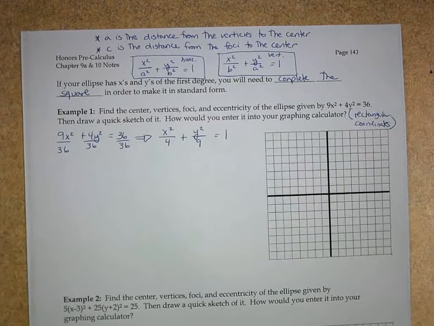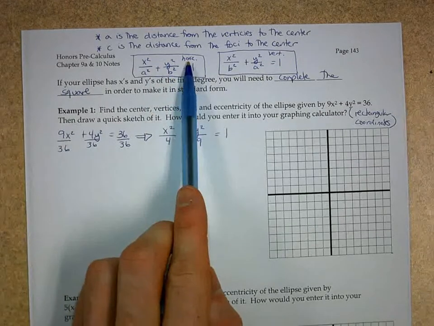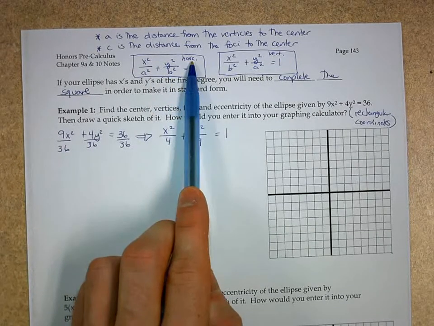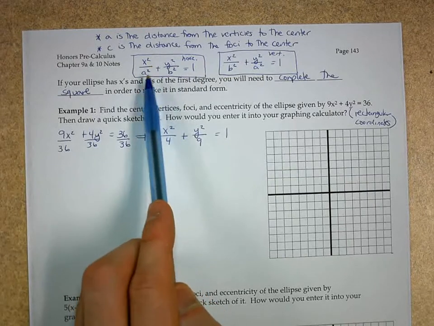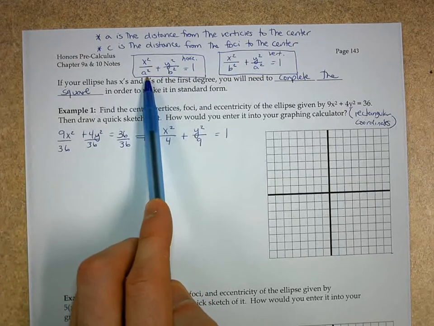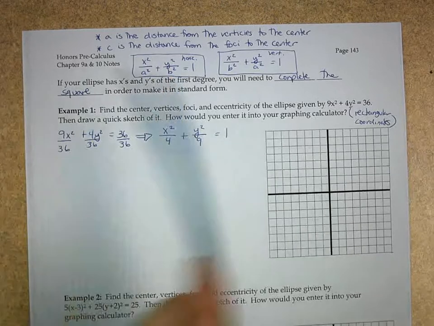Whenever you have an A, that's going to be referring to your major axis, or the longer piece. The B refers to the minor axis, or the shorter piece. So if we have something that's stretched horizontally, a horizontal ellipse, the major axis is underneath the x piece, which means it's going to be longer in the x direction than in the y direction.